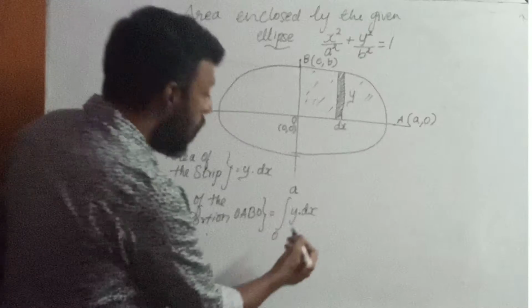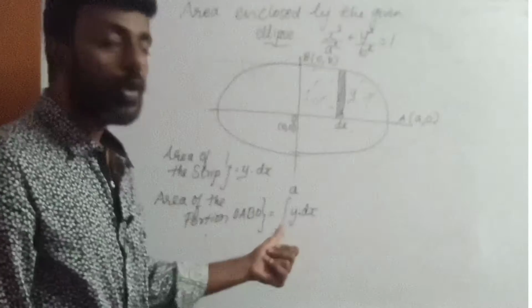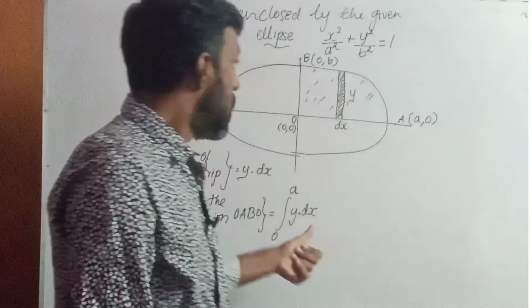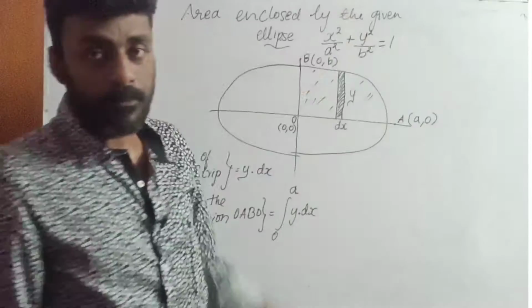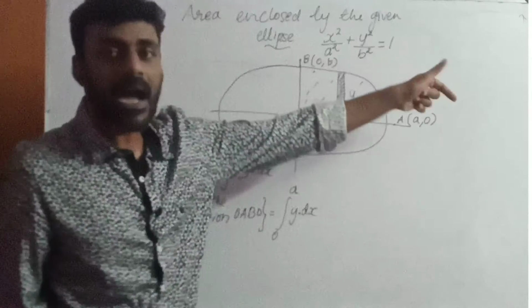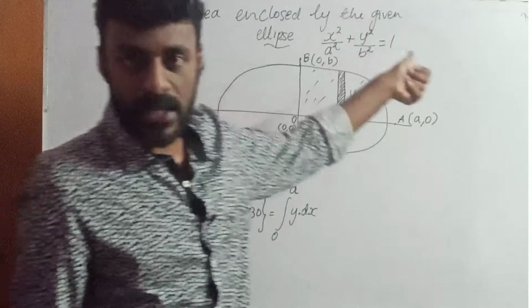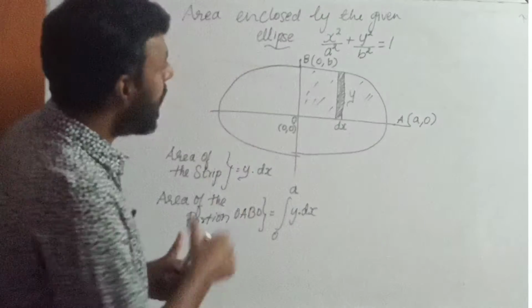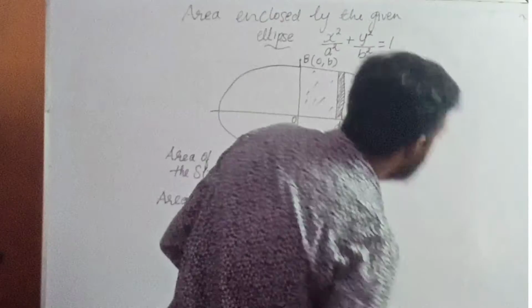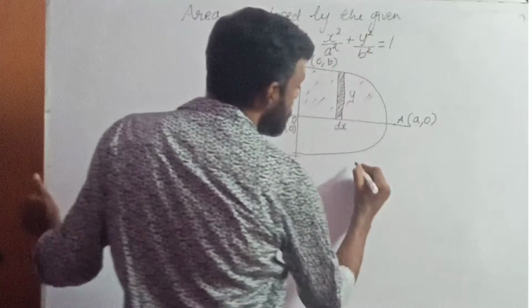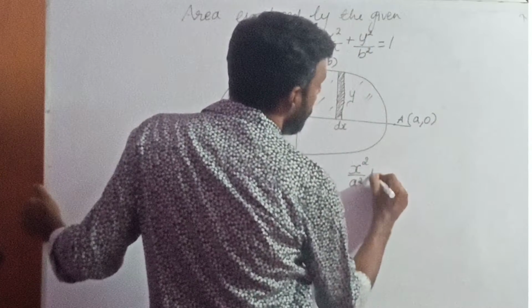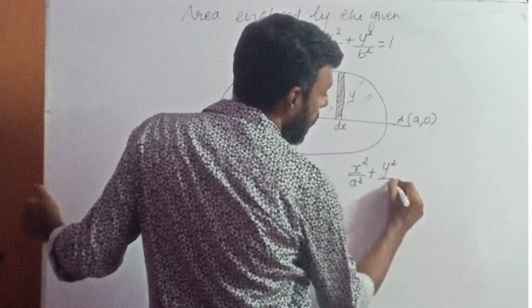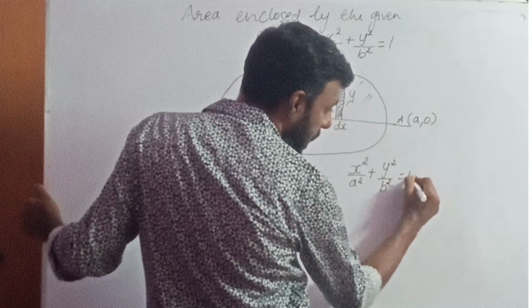But before proceeding with the problem, I want to know the value of y. The equation of the ellipse is given, so from this equation I can derive the value of y. The equation is x squared by a squared plus y squared by b squared equal to 1.